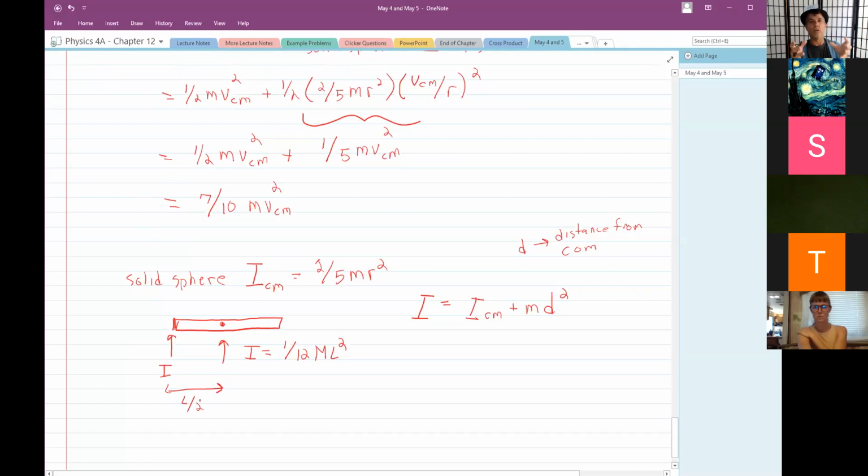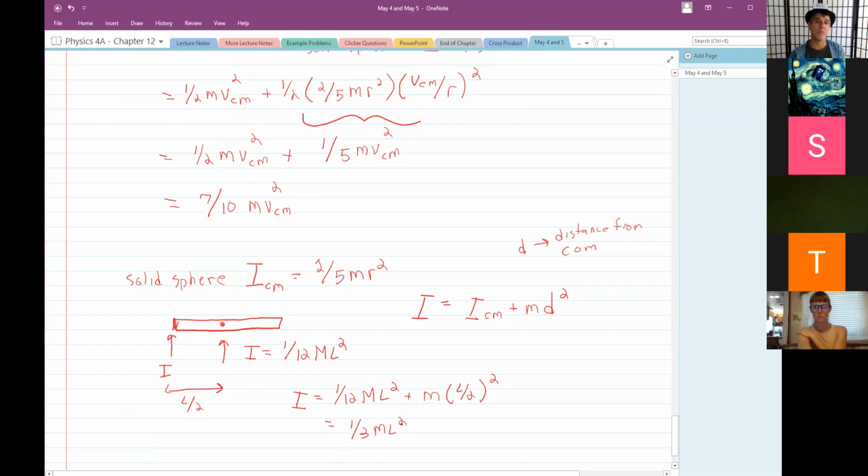So the moment of inertia through the end is the moment of inertia through the center of mass, 1/12 ml squared, plus m times d squared, where d is the distance from the center of mass. And if you add these two together, you end up getting 1/3 ml squared.